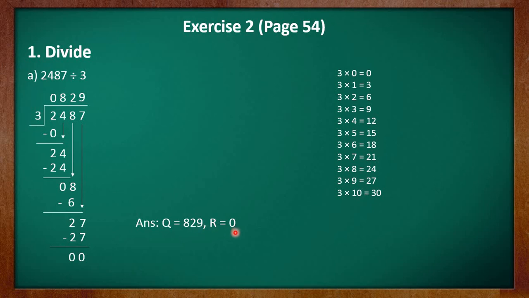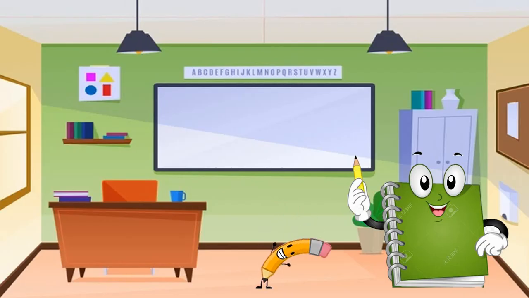So you may simply say that the answer of the division of 2,487 by 3 is 829. I hope you have got the concept. Let's now solve these questions in your notebook.